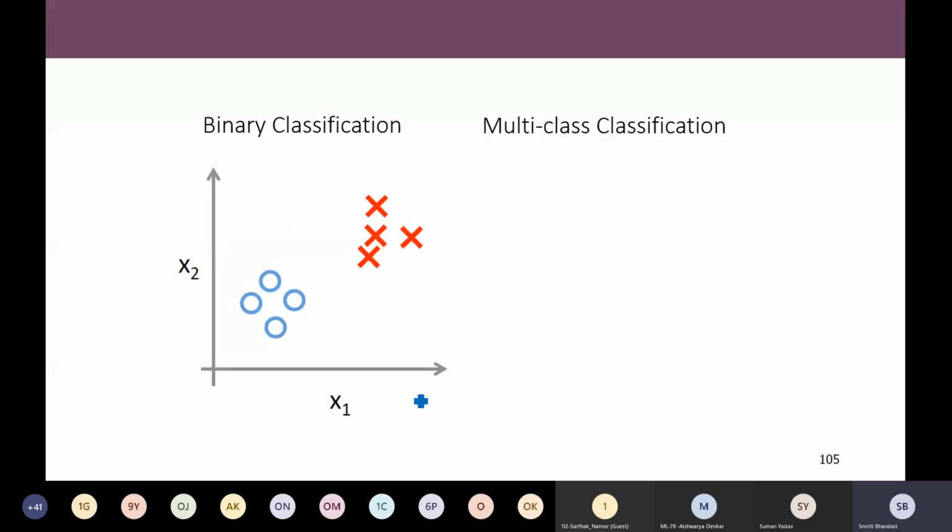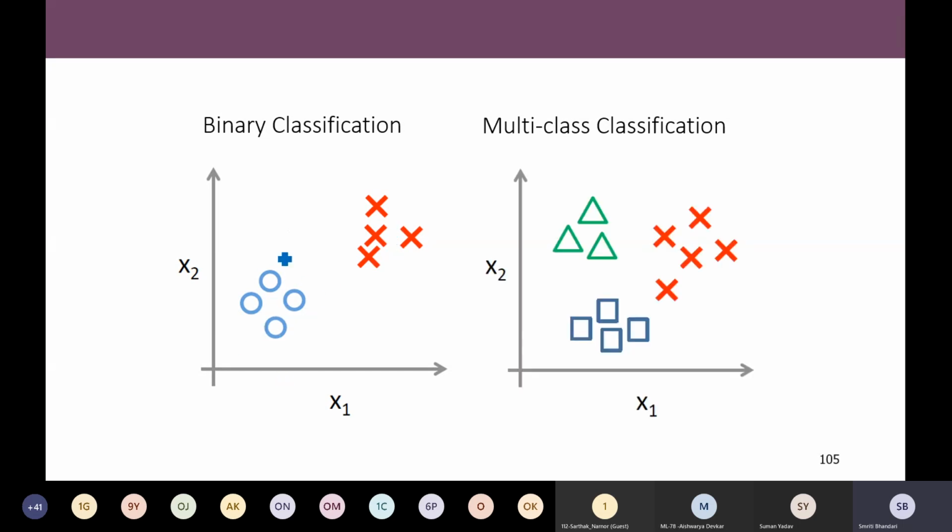So we are having the features, say x1, x2, and the samples or examples belong to two classes, and we come up with some hypothesis that will give us the decision boundary, okay, to classify these samples into the respective classes.